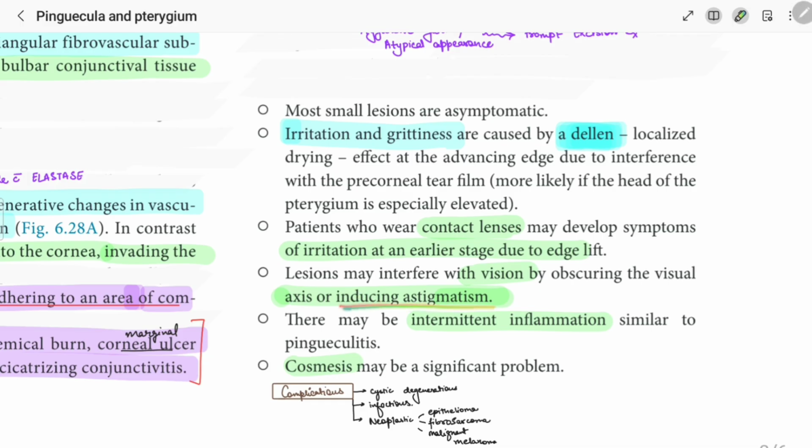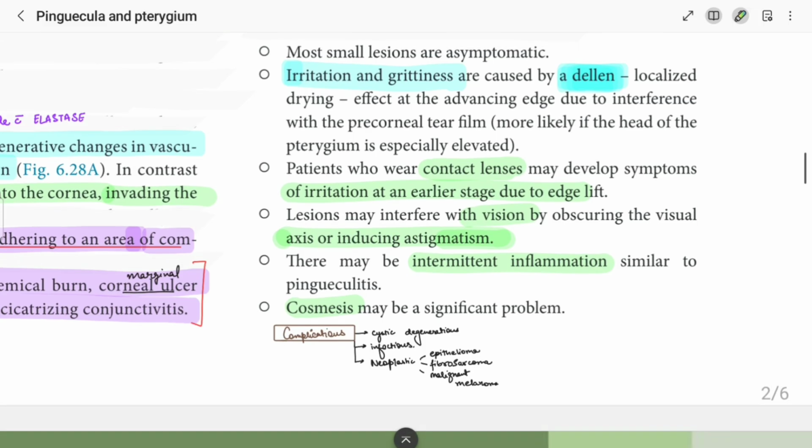Also, it can induce astigmatism due to changes in the corneal topography. Like pingueculitis, it can also show intermittent inflammation, and obviously cosmesis. Cosmesis may cause a significant problem because there's a white mass seen in the interpalpebral fissure. So cosmetic problems may concern the patient.